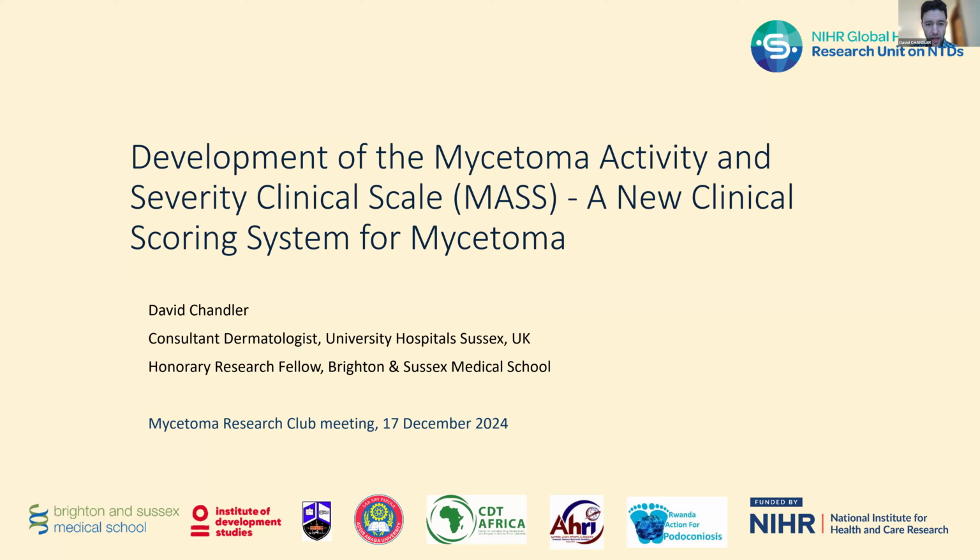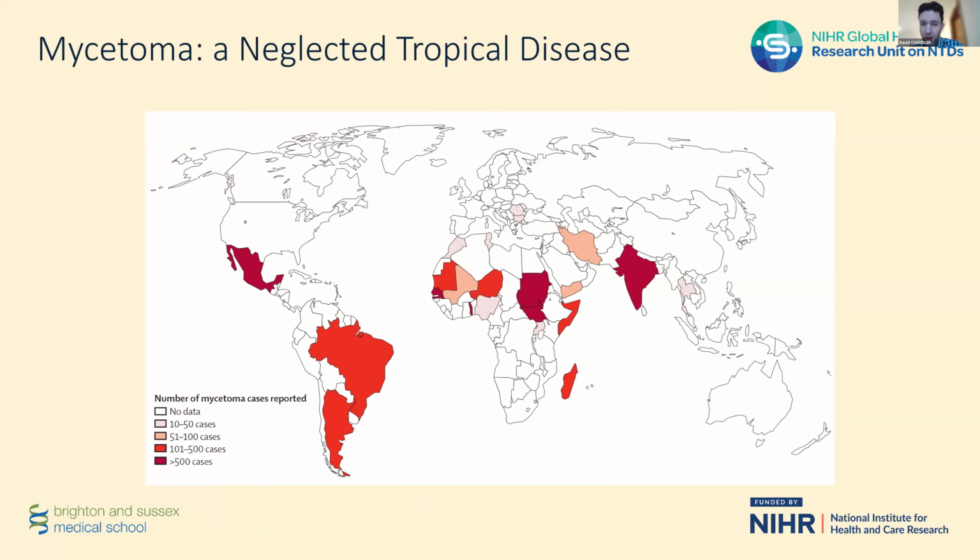So as Professor Fahal said, I'm going to talk about a project that we've done to develop a clinical scale for assessing the severity and the activity of mycetoma. We all know that mycetoma is one of the neglected tropical diseases, more common in Sudan, although cases occur throughout the tropical and subtropical regions.